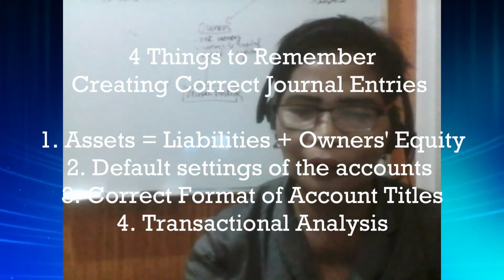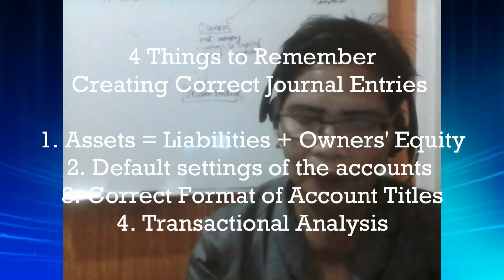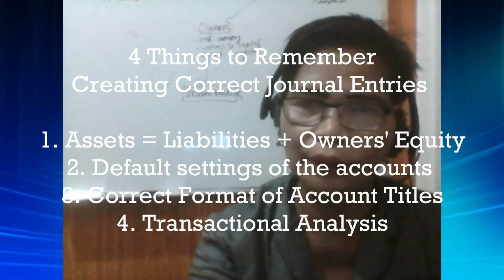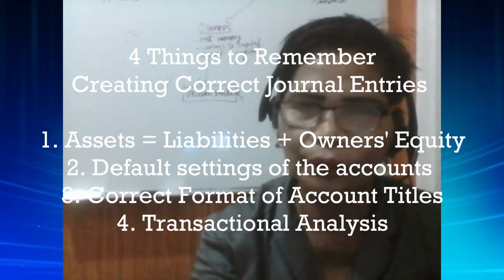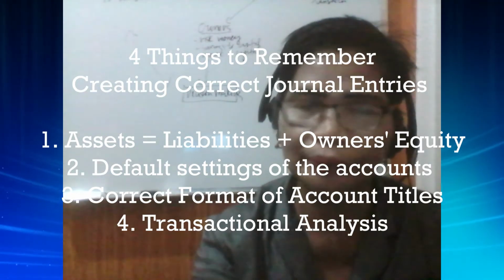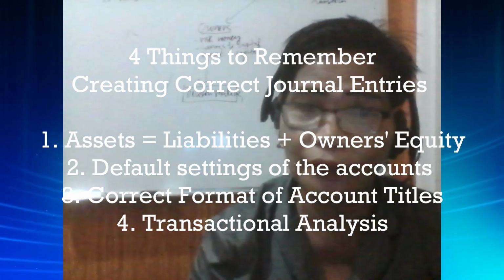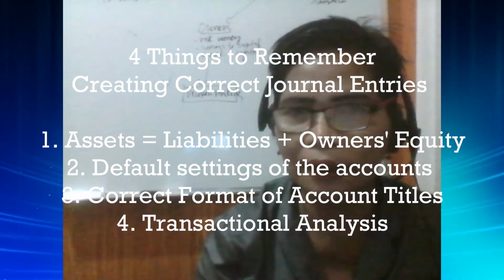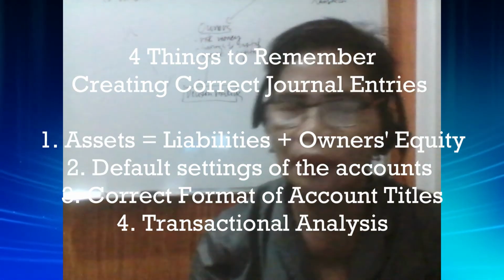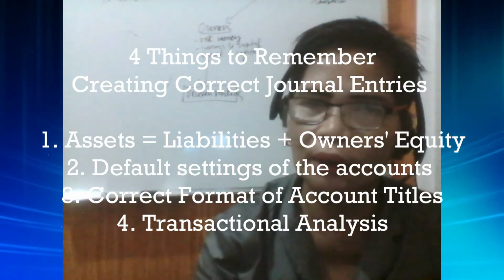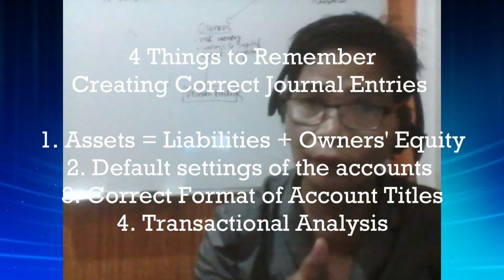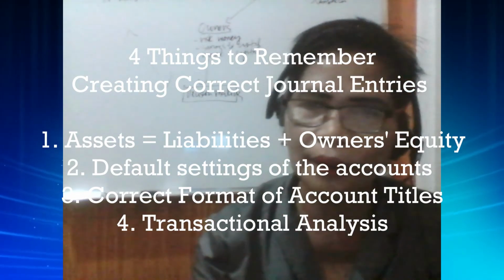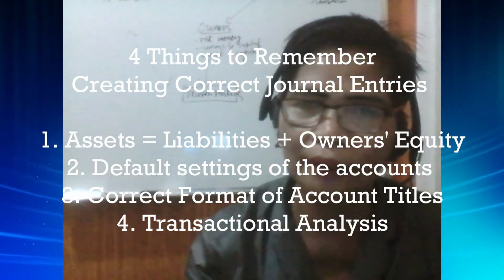So you have there in the slides, the business equation, where assets is equivalent to liabilities plus owner's equity, and the default setting. When we say default setting, what is the normal balance of the accounts in the business equation? For example, assets are always located at the left side, and on the right side, you have the liabilities and the owner's equity.